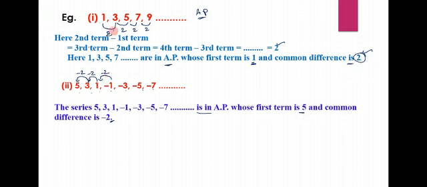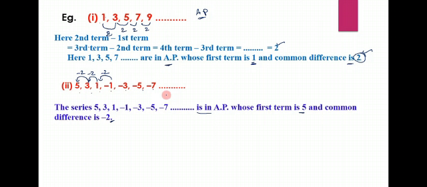Here you need to understand that in the first example, terms are obtained by adding a fixed number, and in the second example, terms are obtained by subtracting a fixed number. The first is an increasing sequence, and the second is in a decreasing manner. That you need to understand.